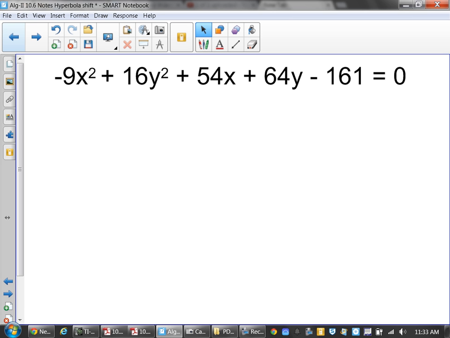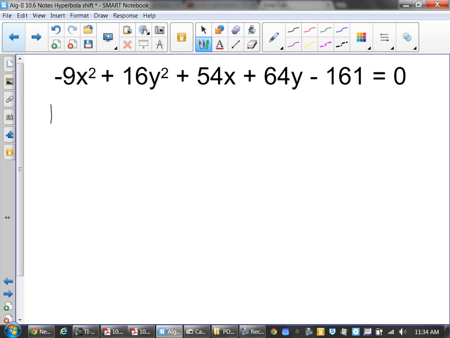When we go to complete the square, the first thing that we would do is regroup our stuff, right? Well, see how we have negative 9x squared? I'm going to put that second. I'm going to put the y squareds first, and then the x squared stuff after. It works out better. It's a little bit cleaner.